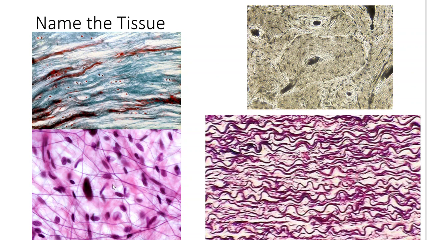This one, I see fibers, thick fibers and thin fibers, and some cells, and a lot of empty space. Irregular connective tissue, loose connective tissue. What about this one? It has to be elastic dense or elastic dense connective tissue, however you want to say that. And this one can't be anything else but bone.